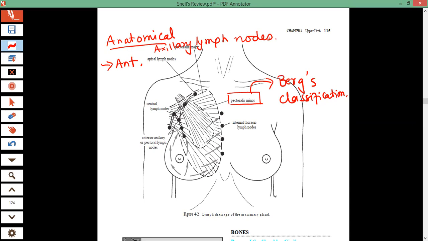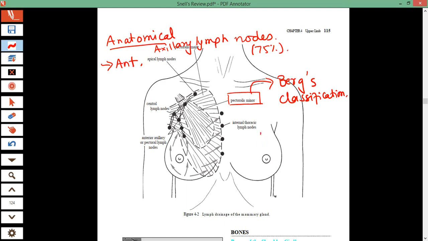Axillary lymph nodes are your main drainage of the breast, and you can write that up to 75%, or you can say the majority of the lymph, is going into your axillary lymph nodes.